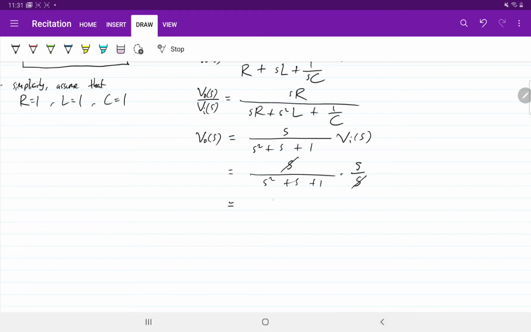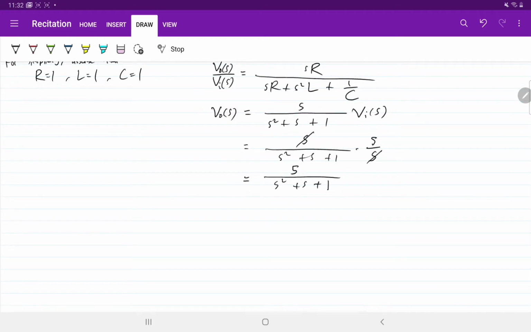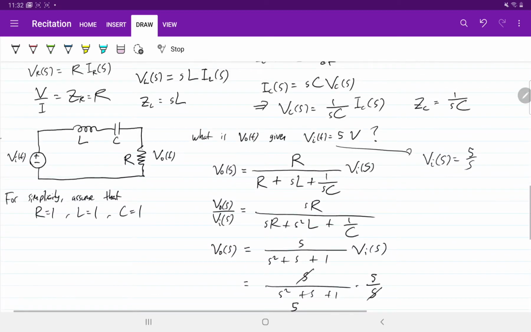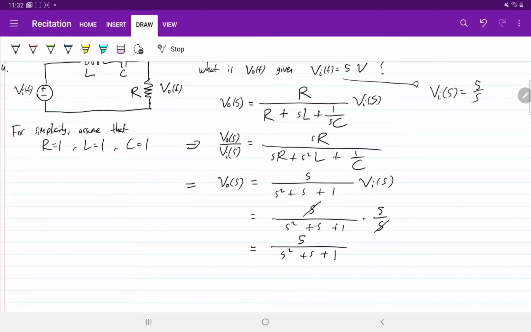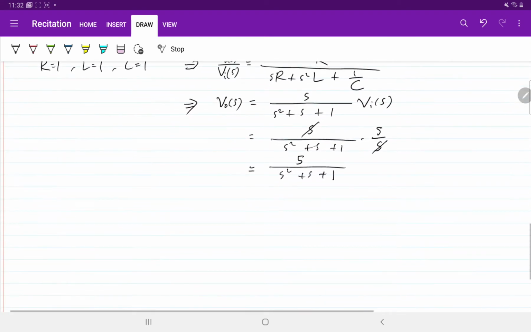We have 5 over S squared plus S plus 1. Okay, don't forget your sign. So we just need to inverse Laplace transform of this term.